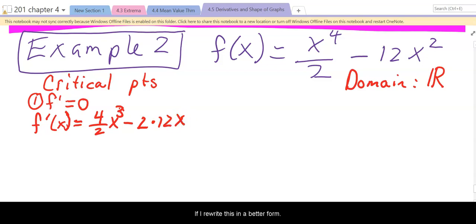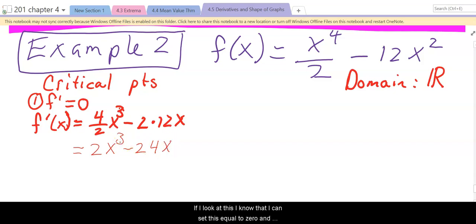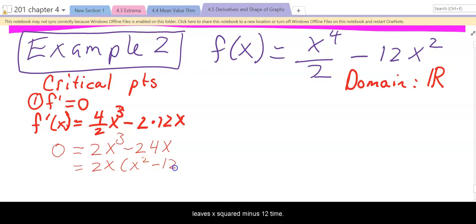If I rewrite this in a better form by simplifying it, I can get that this is 2x cubed minus 24x. If I look at this, I know that I can set this equal to 0 and solve for where the first derivative is 0. I can factor out the 2x that is a common factor, and that leaves x squared minus 12 behind.